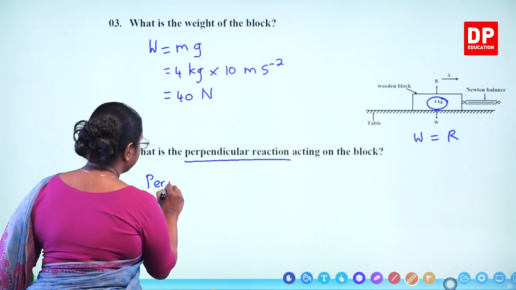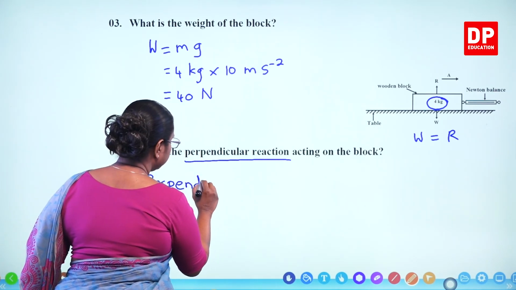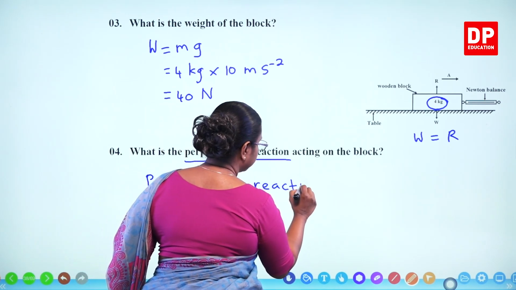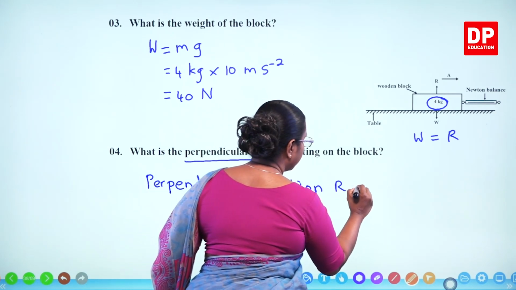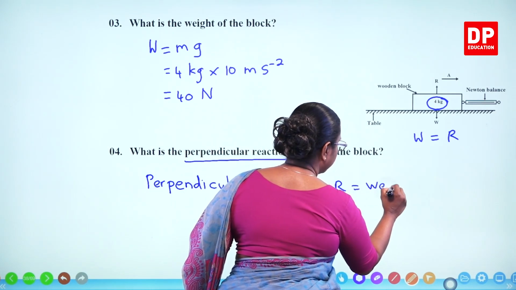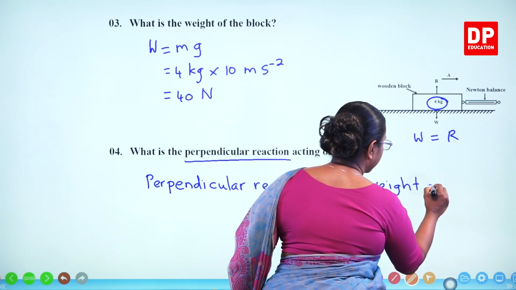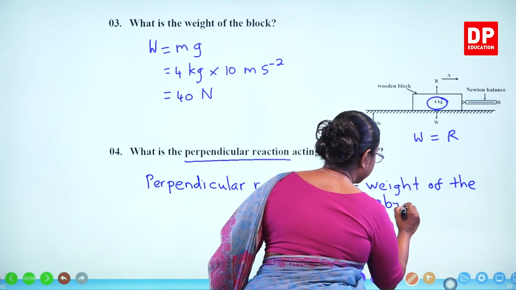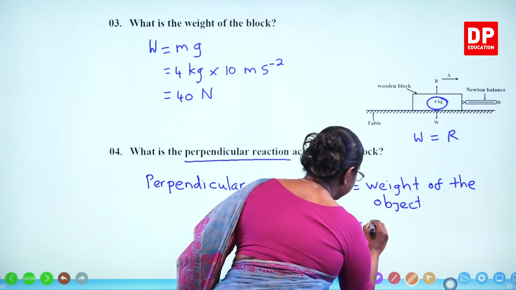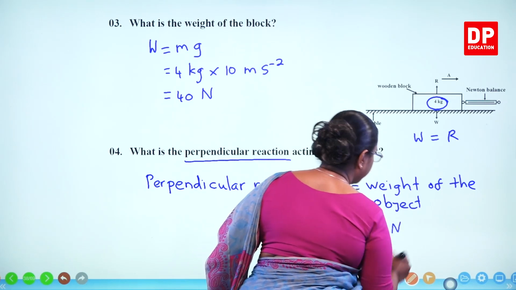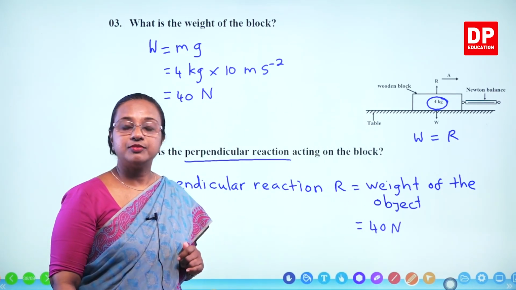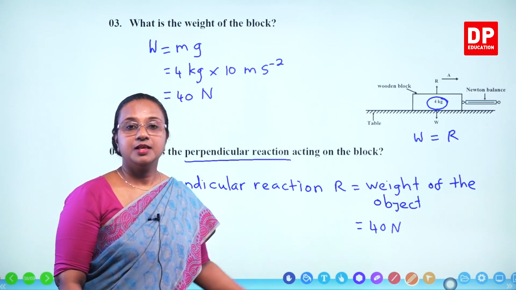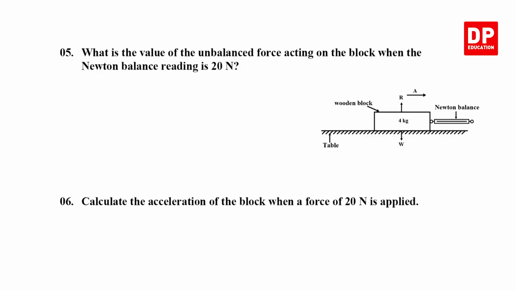So I can say perpendicular reaction R is equal to weight of the object. So that is equal to 40 Newton. You don't have to do the calculation again. You can write the value directly. We'll move on to the next question.